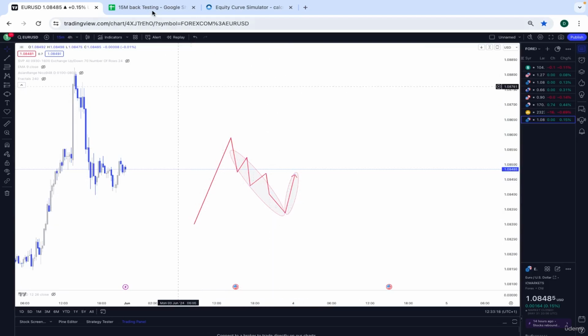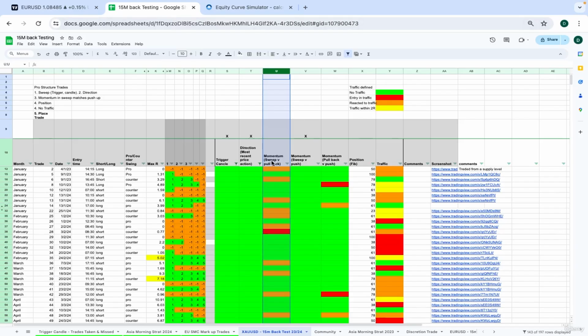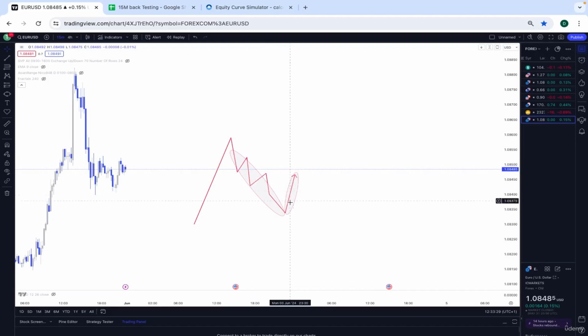If the sweep showed more strength than the pullback, I would simply mark it green. So if this here looked stronger than this, then I would mark it green. Again, this is slightly discretionary, but I've tried to make it as process-based as possible. If they were equal, I would mark it as an amber. And if the retracement looked stronger than the trigger candle, I would mark it as a red.